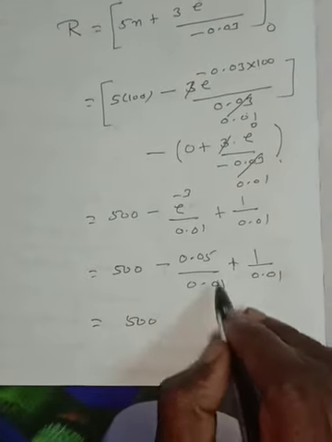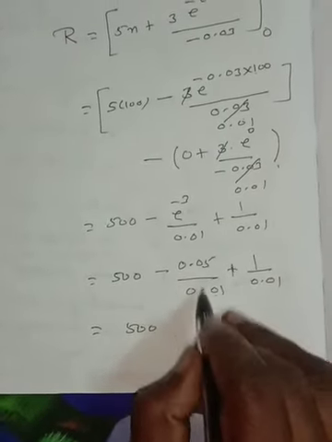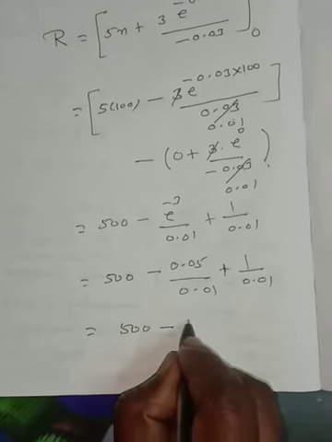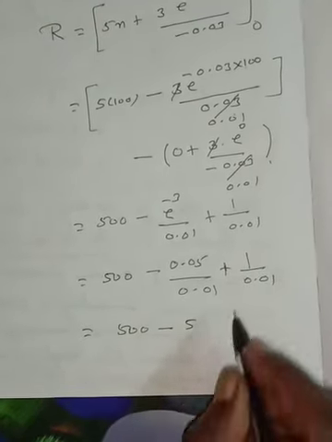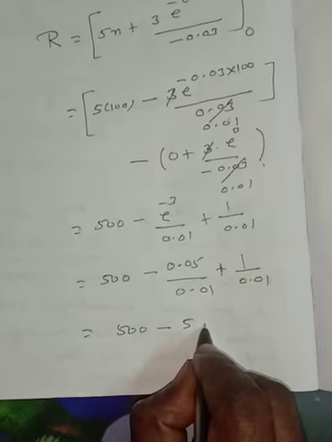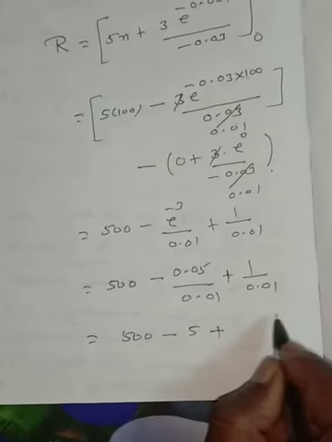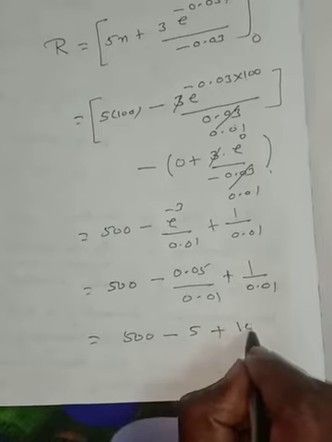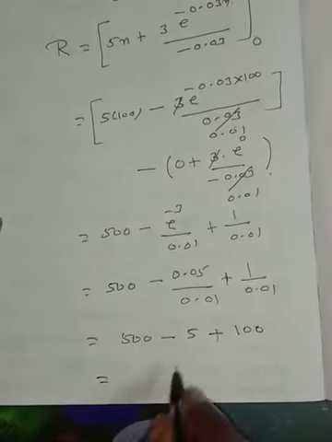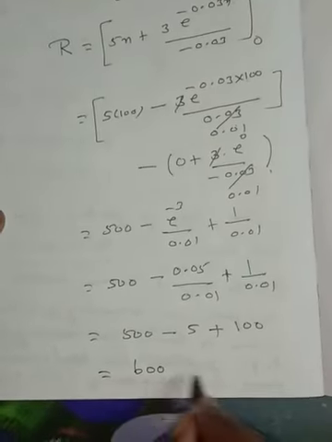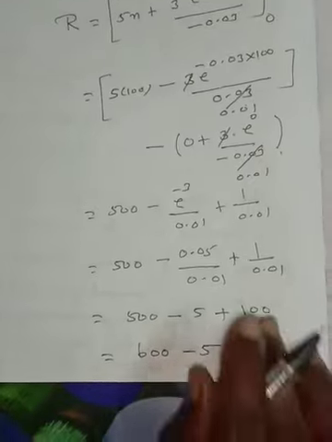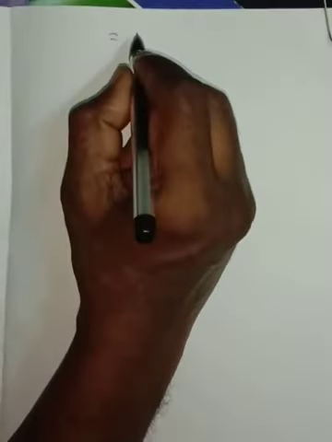Multiply numerator and denominator by 100, we get 5 plus 1 by 100 is 100, is equal to 600 minus 5 is 595.